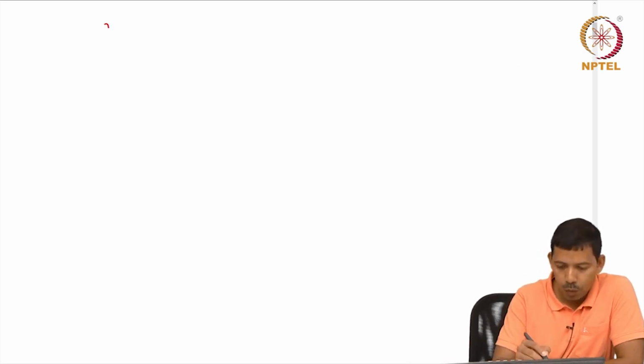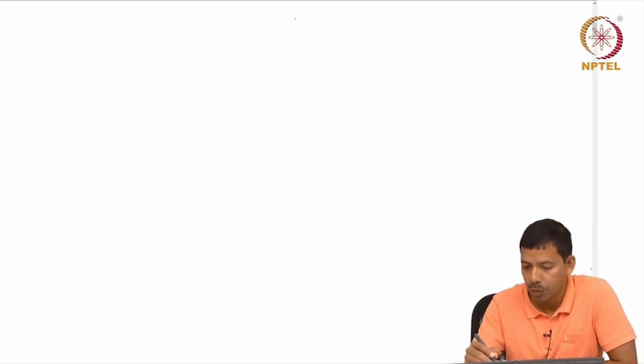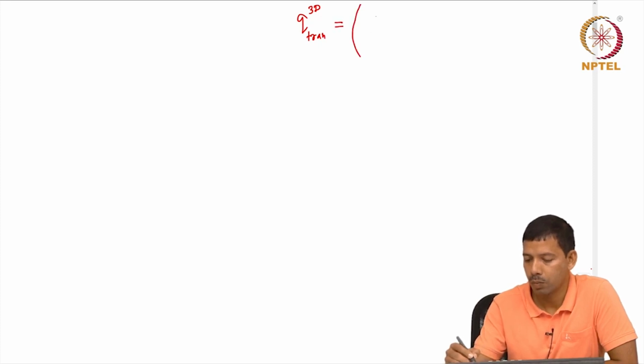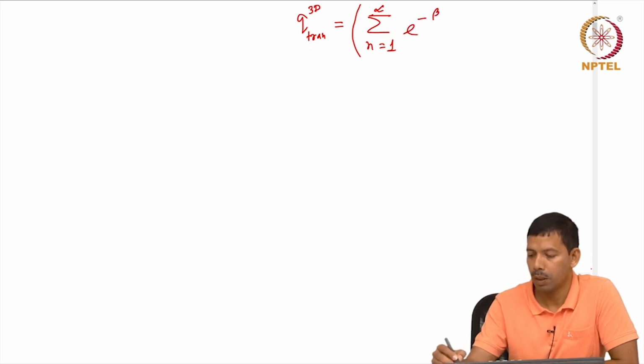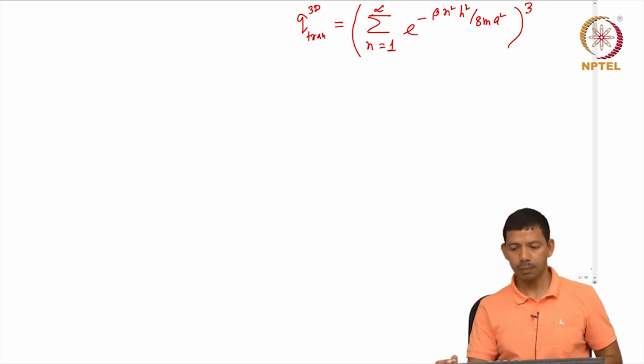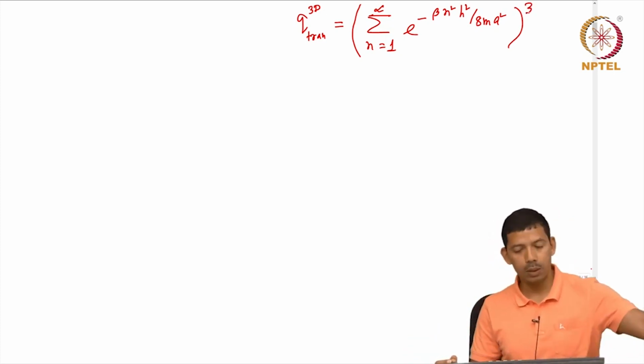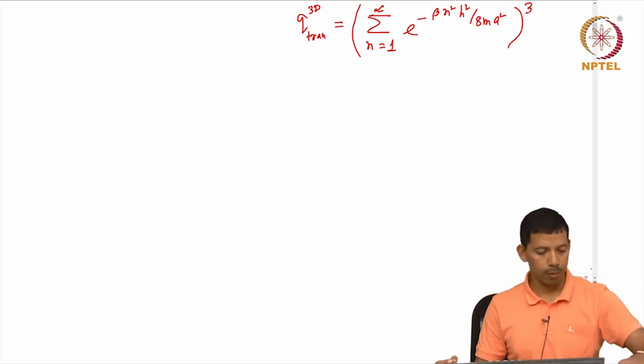So, we can write Q3D translational as the sum over n from 1 to infinity of e to the power minus beta n square h square divided by 8m square, the whole to the power 3, because x, y, z all three directions are equally probable and they are the same.